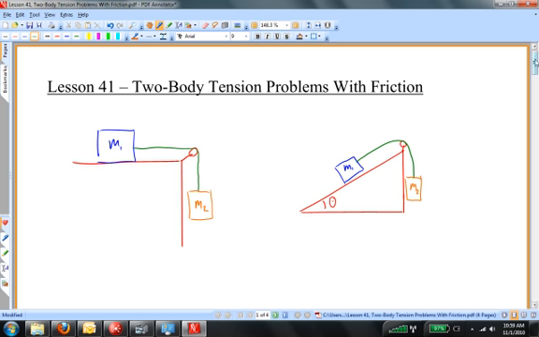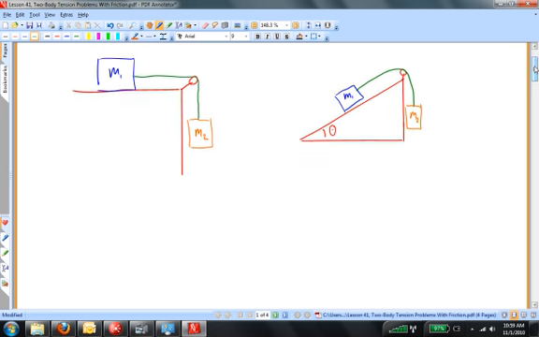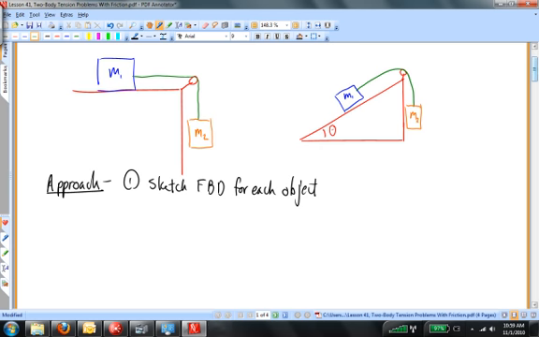So let's remind ourselves of what that approach was. The first thing we did was we sketched a free body diagram for each object. The next thing we did was we determined if there was going to be any acceleration, and if there were, then which direction that acceleration would be.